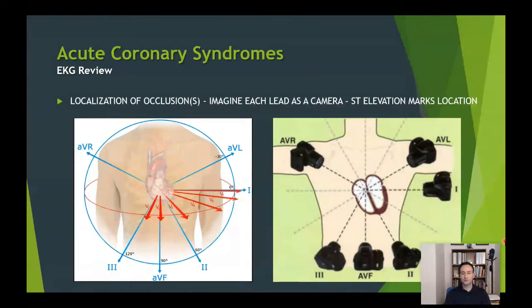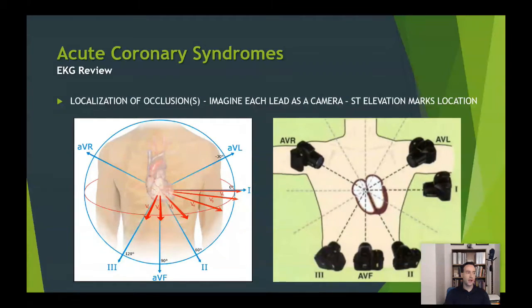Quick down and dirty, always imagine your 12 leads as a camera looking directly at where you are placing those leads, and that'll give us an indication of where the lesion is. Another term for a lesion is occlusion. By looking at your leads, you can determine directly where that infarct is, and it can help steer your care, especially if you are trying to avoid right-sided heart involvement.